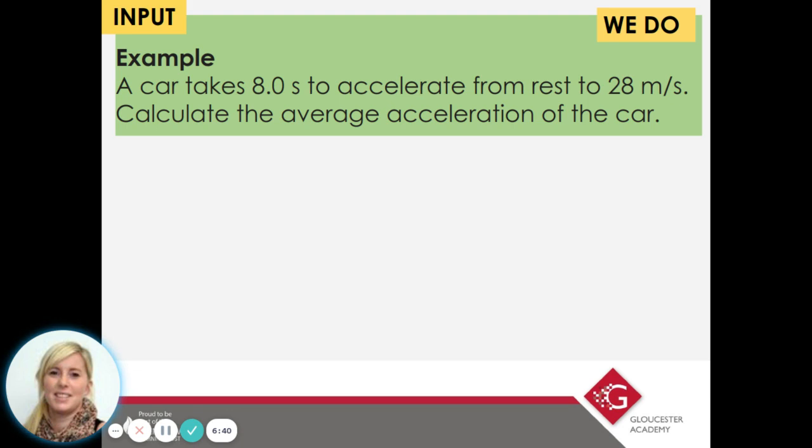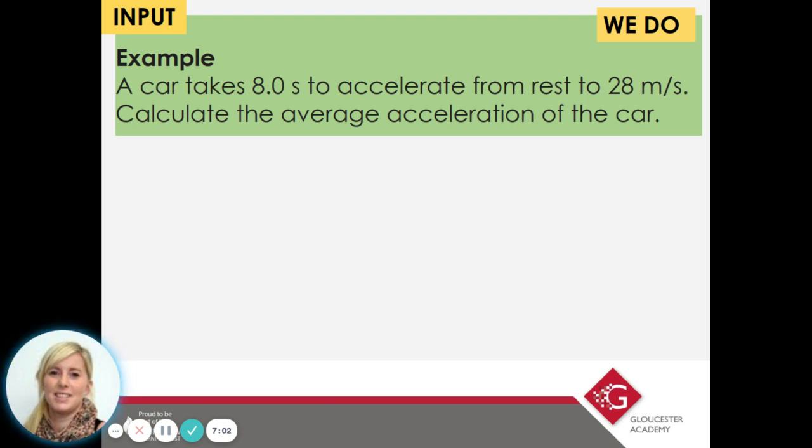So here's an example then. A car takes 8 seconds, that's a time, to accelerate from rest to 28 meters per second. Calculate the average acceleration. Now it's really important here that you know that anything that says rest means 0. If something is resting, it's stood still or it's staying still, it's got 0 velocity.